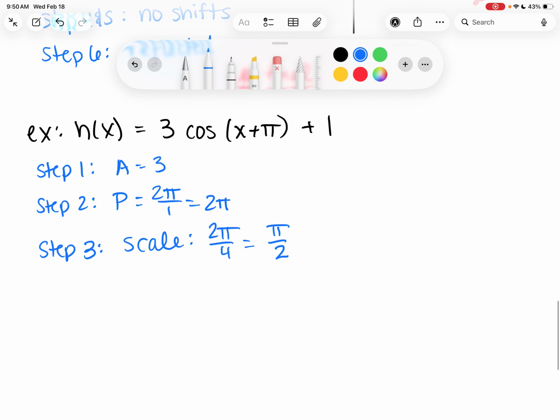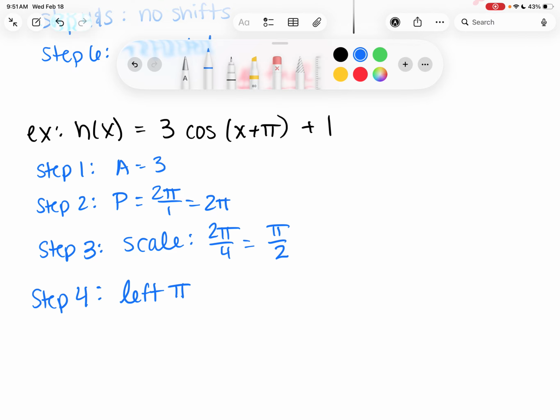Now, the scale's not something I'm going to take off for if you forget to write it over here. But if you have the wrong scale on your graph, I am going to take off for that. Step 4 is the shift inside the parentheses. Pi. Which direction? Left. Yep, opposite the direction of the sign, so it's going to go left pi. So something to make a mental note of here is it's not just going left one spot, because my scale is pi over 2.